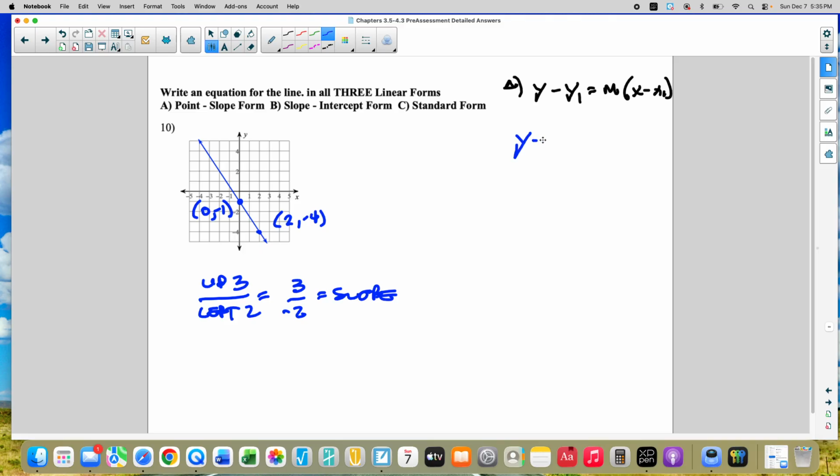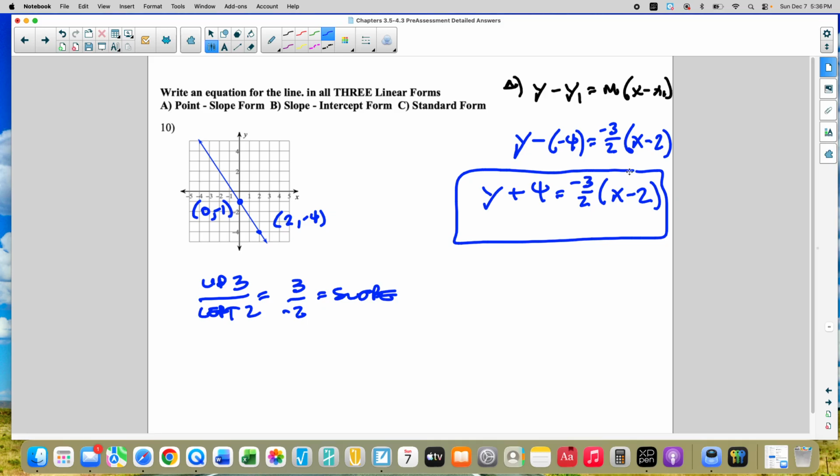So y minus my y sub 1, that's my y value, -4 equals -3/2 times the quantity x minus my x sub 1 value, which is 2. You got to pick both the x and the y from the same point. So my final answer is going to be y plus 4 equals -3/2 times the quantity x minus 2. That is one of an infinite number of solutions. Whatever point you pick on there is the one you're going to plug in. But that was for A.